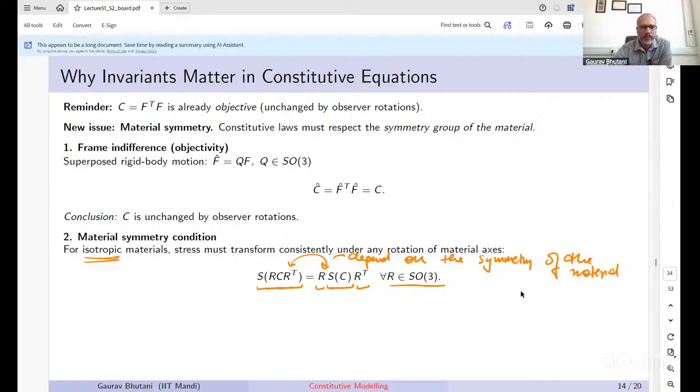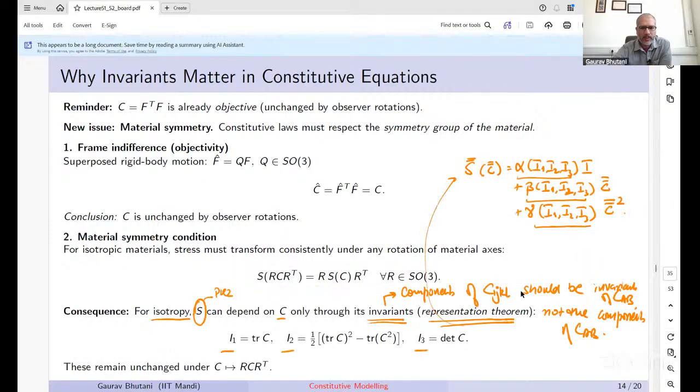And then we talked about the material symmetry, where capital S, which is the second Piola-Kirchhoff stress tensor, is a function of C, which is the Green deformation tensor. So if you apply this idea of rotating your C first and then applying the constitutive model on that, or rather you first apply the constitutive model and then rotate it, they should come out to be the same.